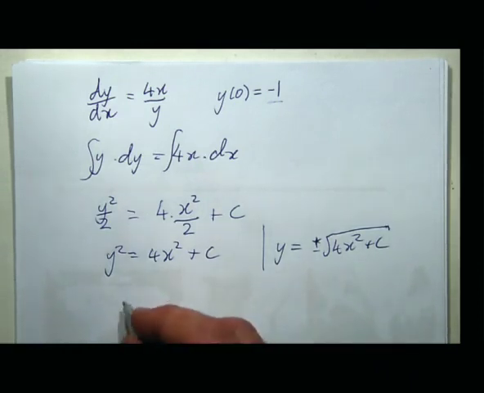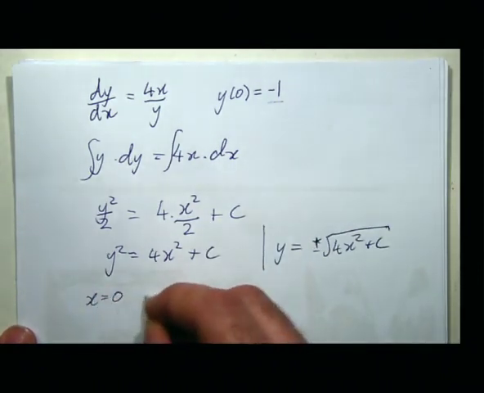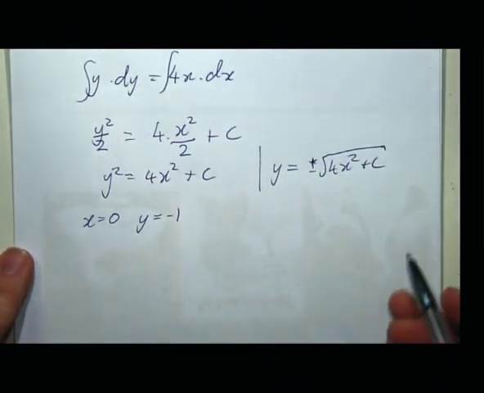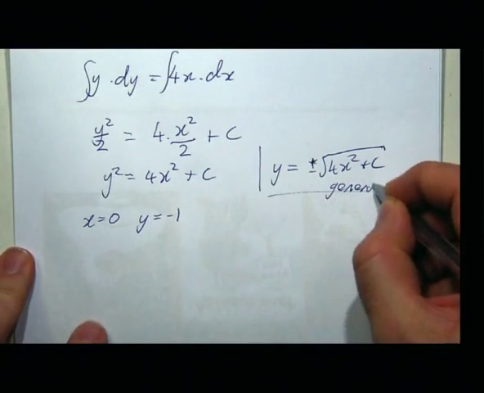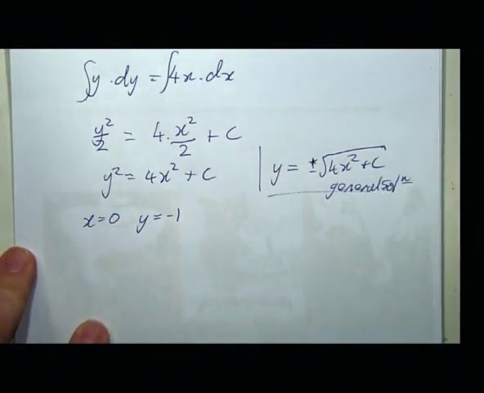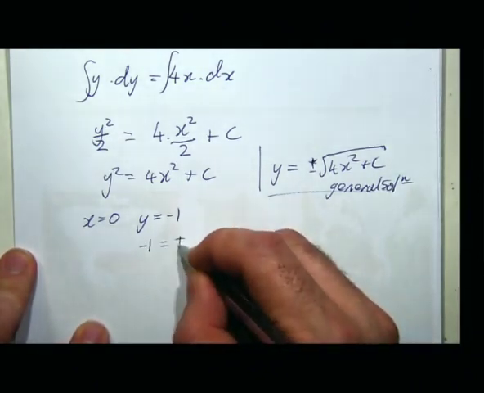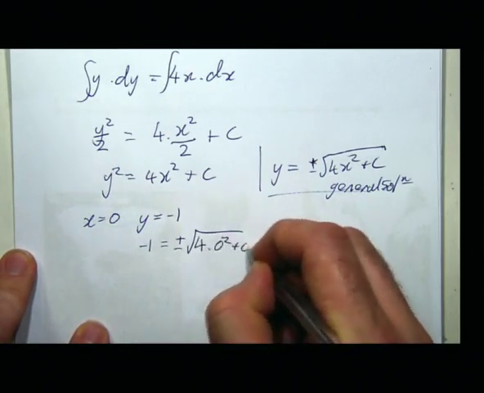So, when I'm coming down here, we got x is equal to 0, y is equal to minus 1. So general form. So my general solution, so now we're going to put in minus 1 is equal to plus or minus square root of 4 times 0 squared plus c.